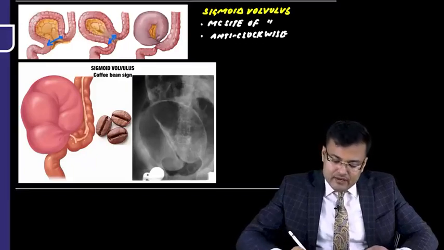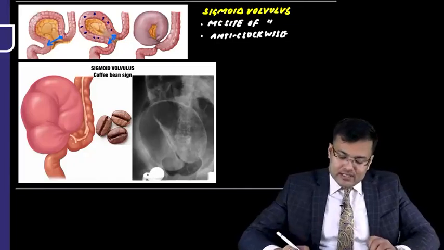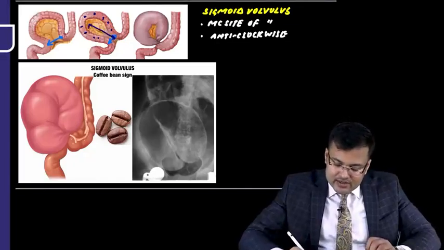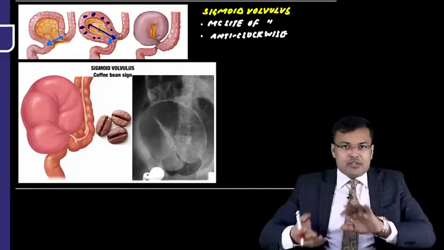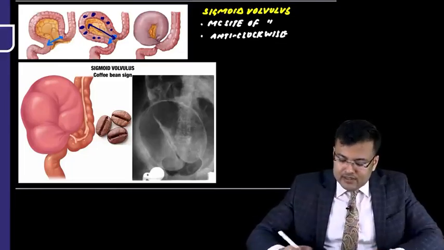And second, if the patient is having constipation, so what happens? If the sigmoid is having long narrow mesentery, can you see here? Long narrow mesentery, and it is loaded with what? Fecal matter, means constipation is there. So sigmoid is very prone for rotation, counterclockwise. Clear? So what are the two predisposing factors you can see here?